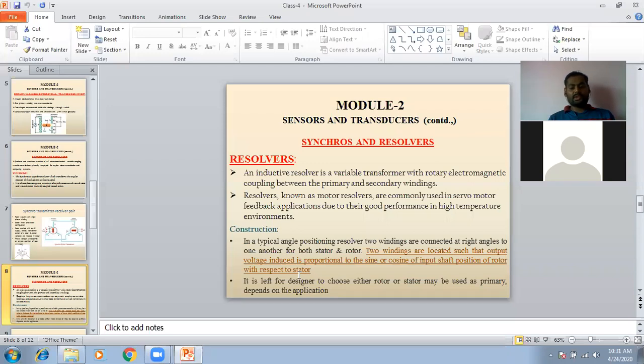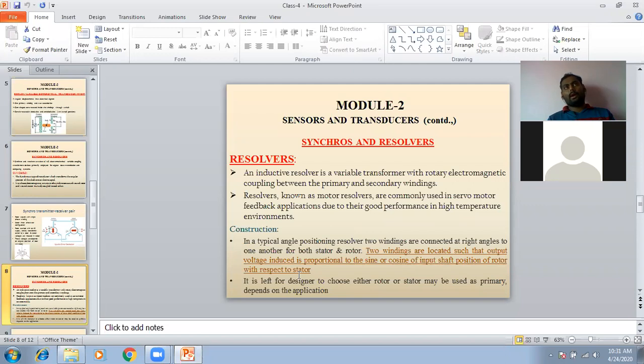So what I mean to say here is, I have two windings, the stator winding and the rotor winding, right? These two windings are located in such a way that whatever voltage is induced is proportional to the sine or cosine of the shaft position. That is the idea here, right? Whether to use the stator or the rotor as the secondary or the primary is left to the manufacturer.